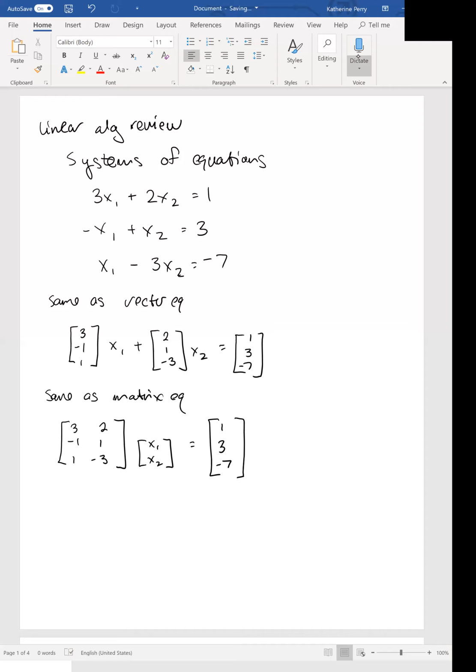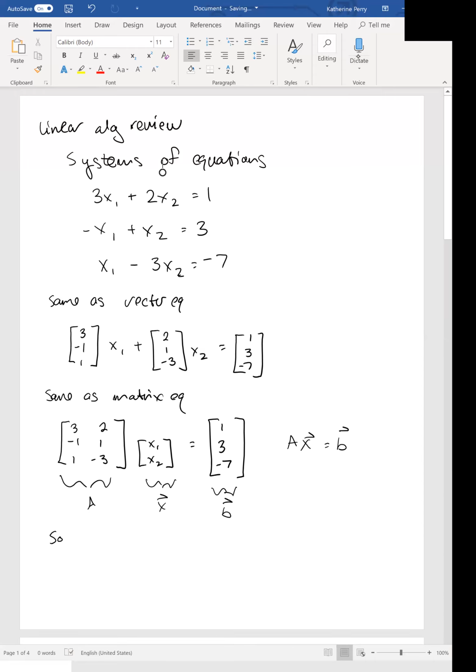I can think of this as my matrix A, this is the vector x, and this is the vector b. So here I can think of this as Ax equals b.